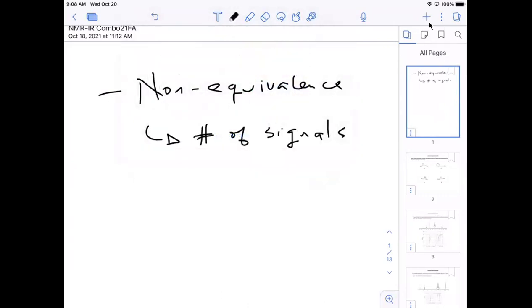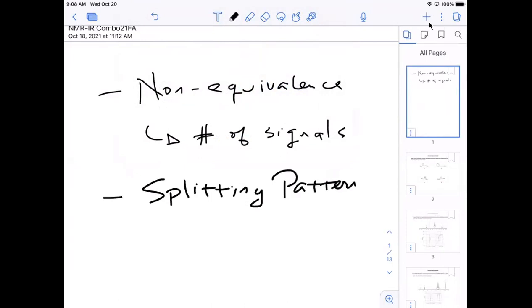All right, we also talked about the splitting pattern, which you'll hear me refer to as the multiplicity.